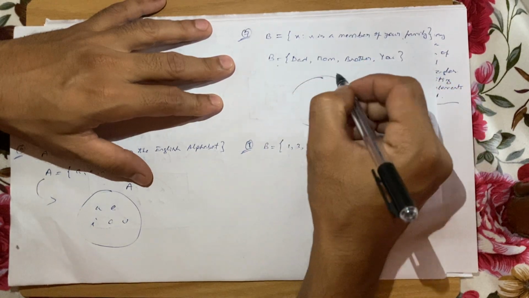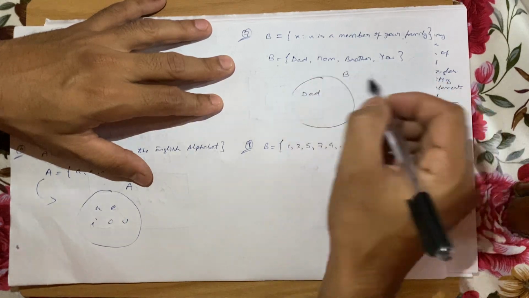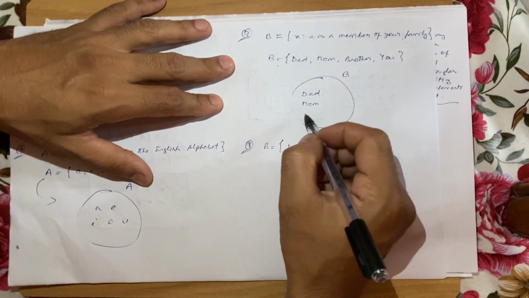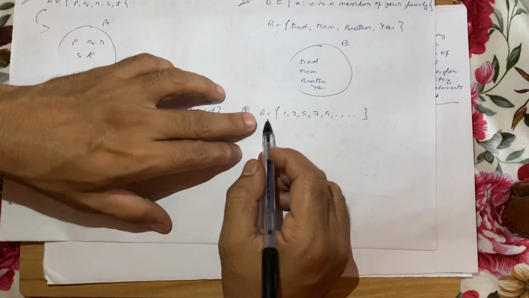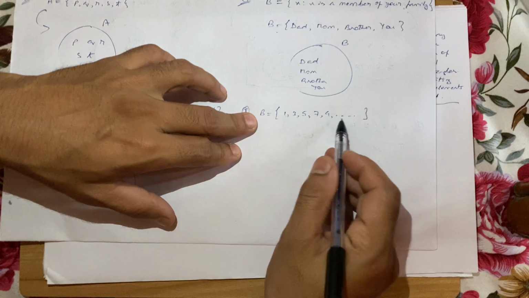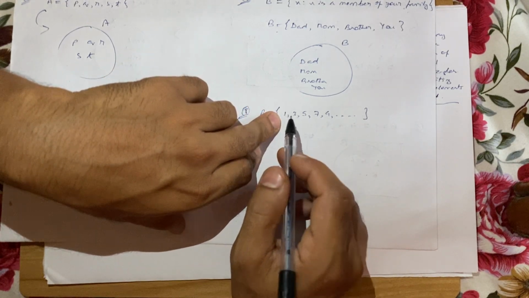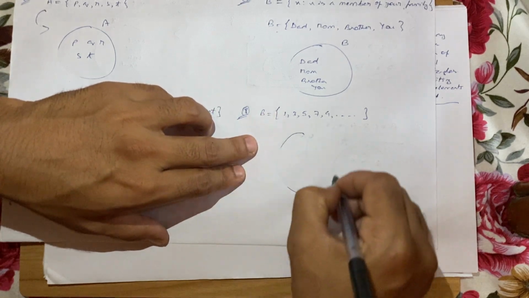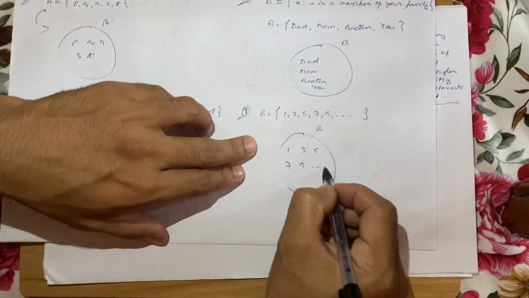To draw the Venn diagram, draw a circle, name it as B, and write the members of your family: mom, dad, brother, and you. Now the next one is B is equal to 1, 3, 5, 7, 9, and so on. These are the odd natural numbers. So just draw a circle B and write 1, 3, 5, 7, 9, and so on.